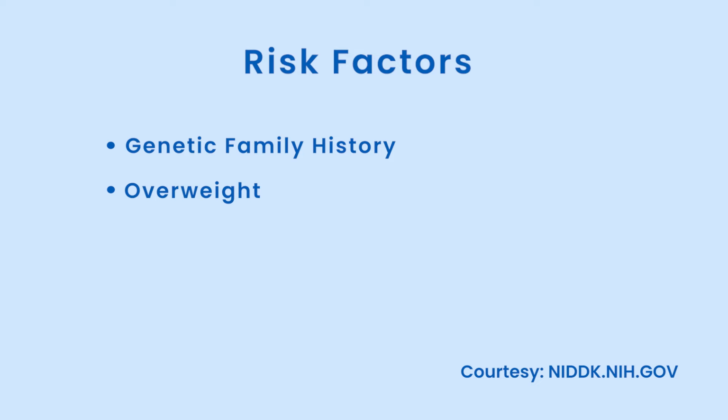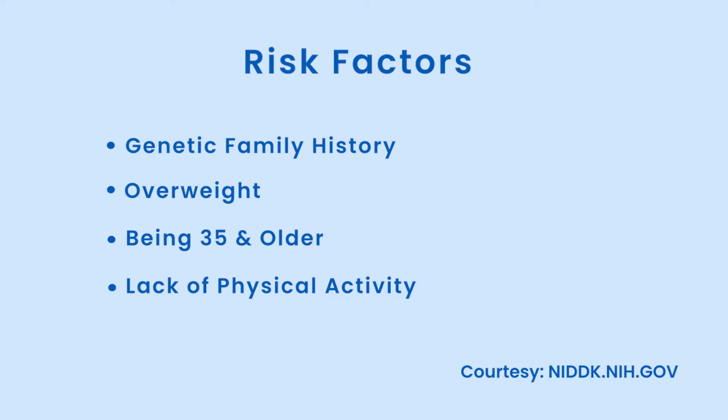If you are overweight or obese, this is one of the main risk factors. Individuals who are 35 or older are also at an increased risk of developing type 2 diabetes, and so are individuals who are not very physically active. All of these things contribute to your risk of developing diabetes.